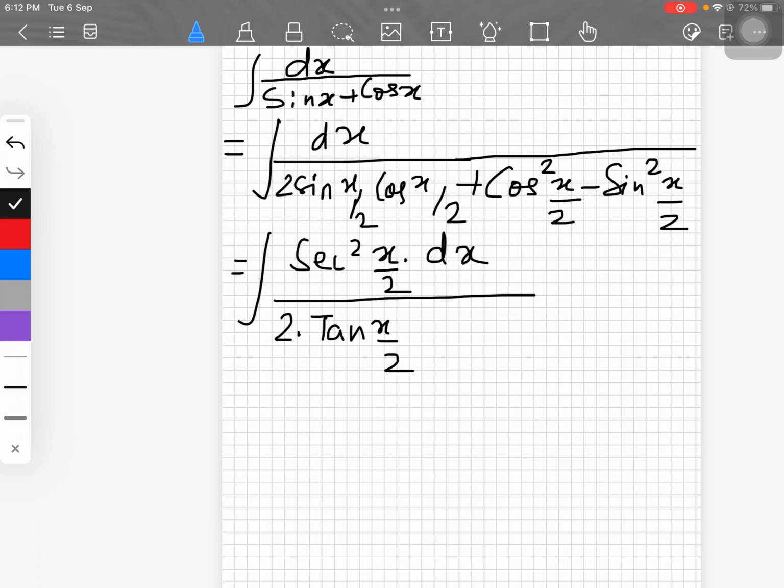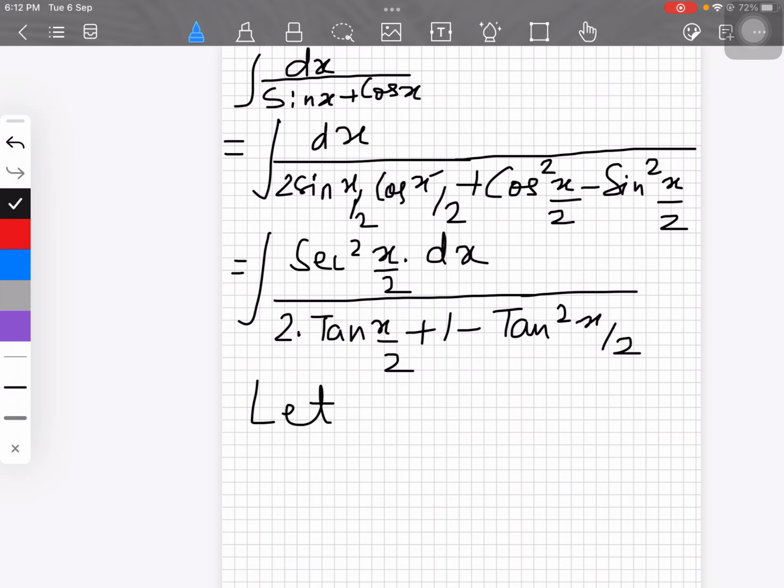The rest can be written as sine x over 2 over cos x over 2, plus cos square x over 2 over cos square x over 2, which is 1 minus tan square x over 2.